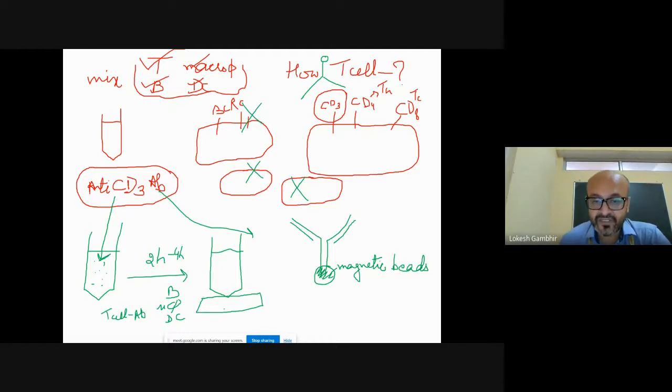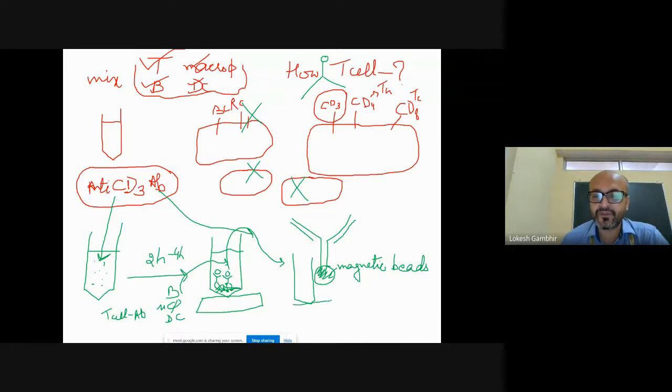The magnet attracts all the T cells that are bound with the antibodies, and they come to the bottom due to the force of attraction, while the remaining cells are present in the supernatant.